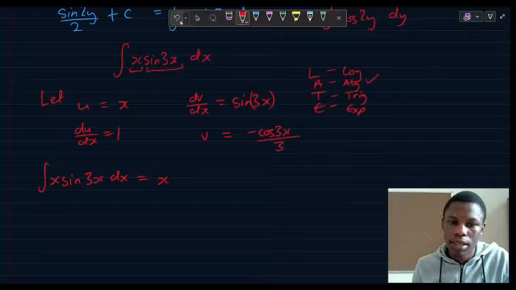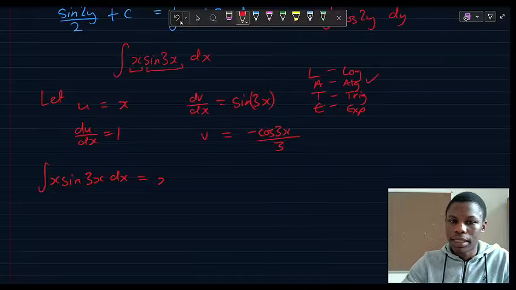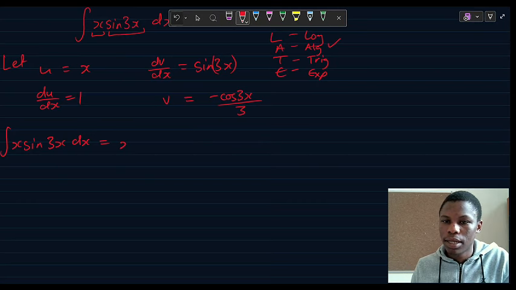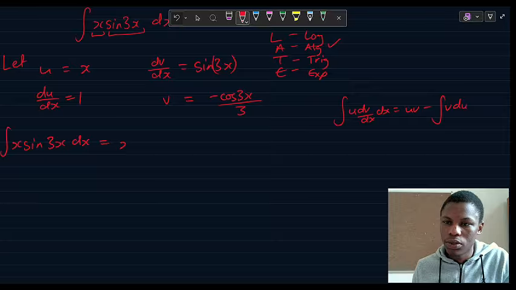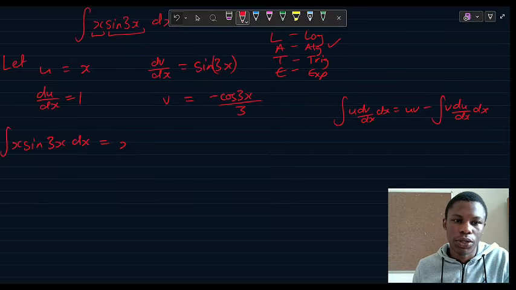So this is now just using the by parts formula from the MF19 that says that the integral of u dv dx is equal to uv minus the integral of v du dx dx. This is the formula we're using.